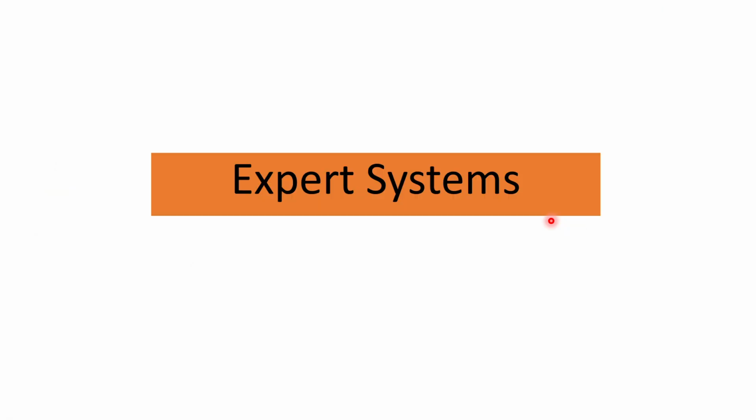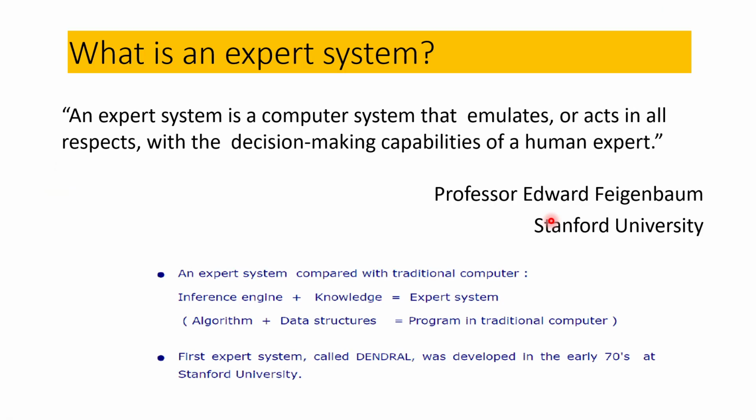Then the expert systems. An expert system is a computer system that emulates or acts in all aspects with the decision making capabilities of a human expert. This is given by Edward. Sometimes we need some experts to train the model or for using these systems.